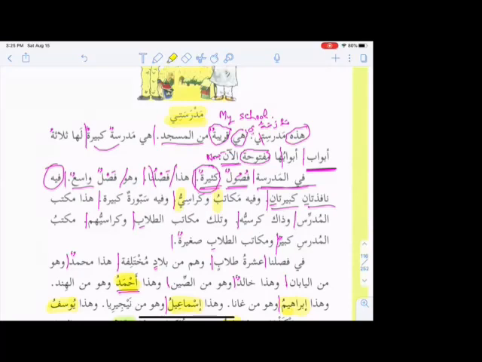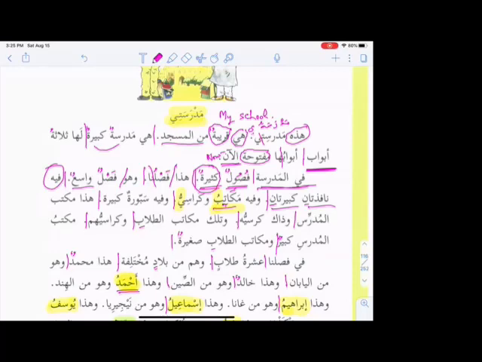What is the answer? The noun, in this kind of pattern, my brother and sister, makatibu wakarasiyu, these are diptote, mamnu min sarf. Remember that, because the next two lessons will emphasize the understanding of diptote.